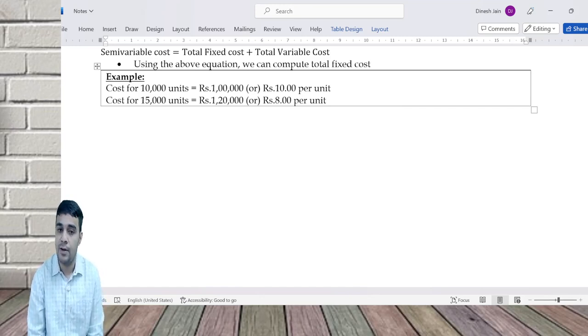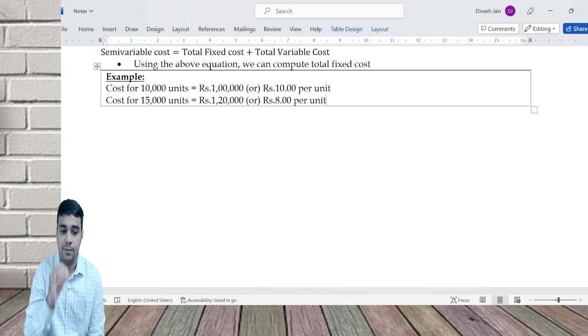A semi-variable cost is one where the per unit cost as well as the total cost both do not remain constant. Clear? Any doubts on this? Here, if it was the same 1 lakh, then it is a fixed cost.